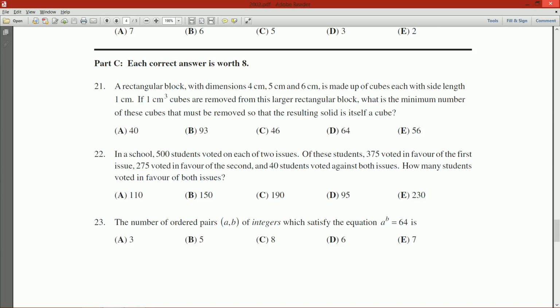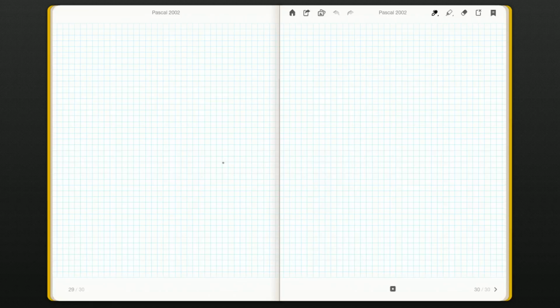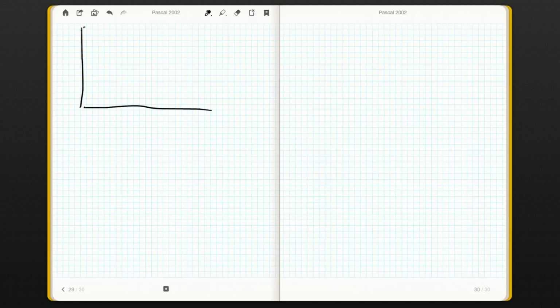Okay. So this strikes me as actually a Venn diagram-y sort of question. So let's draw a picture of what exactly is going on as a Venn diagram. So we have the total school, also called the universe. The universe is the total amount of things we're talking about, and it's 500 students. Then we have the students who voted for the first issue.